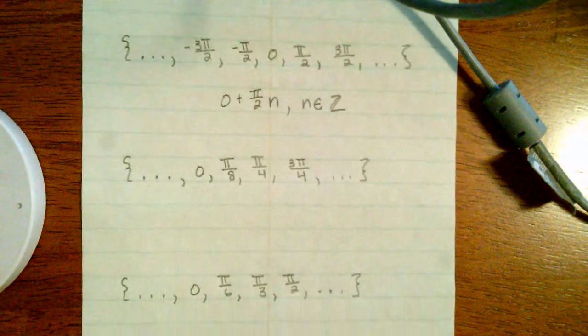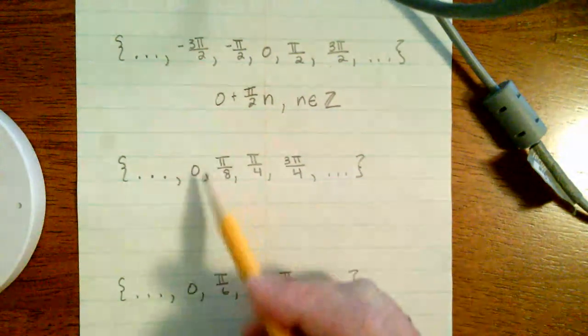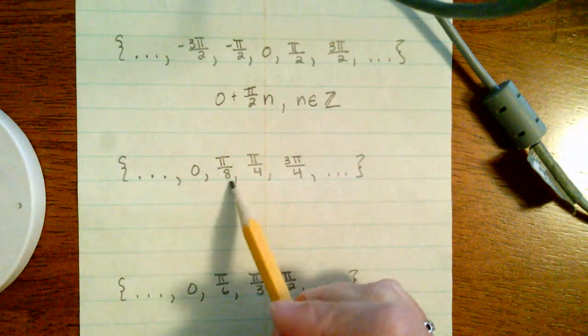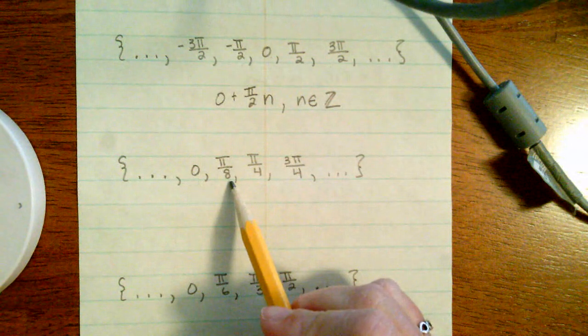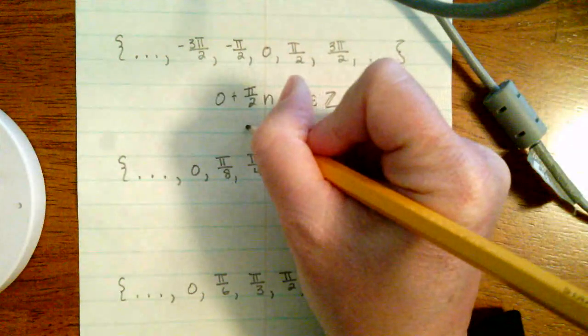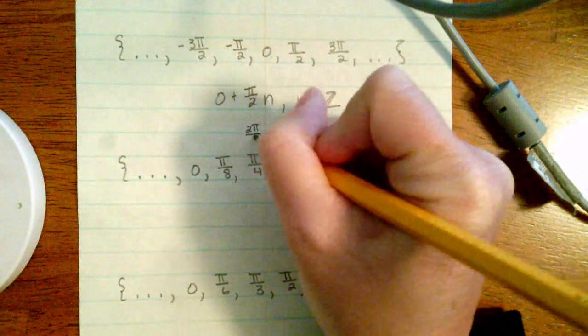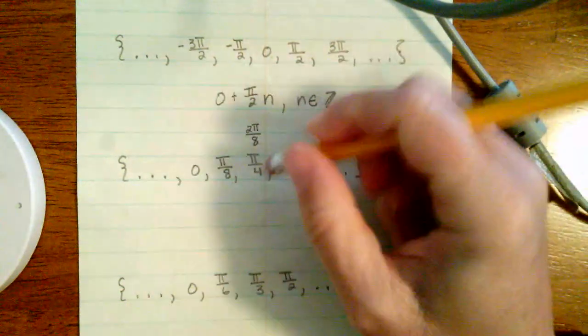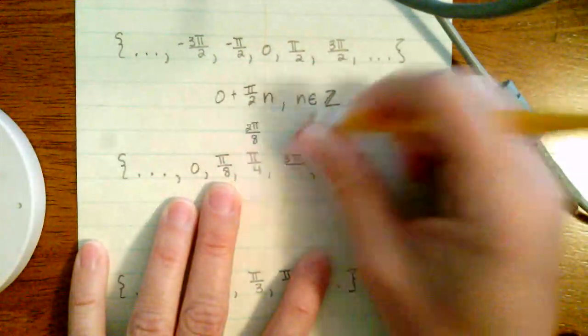Our next one. 0 to pi over 8 is pi over 8. Sometimes it might help you to put all of these with the same denominator.